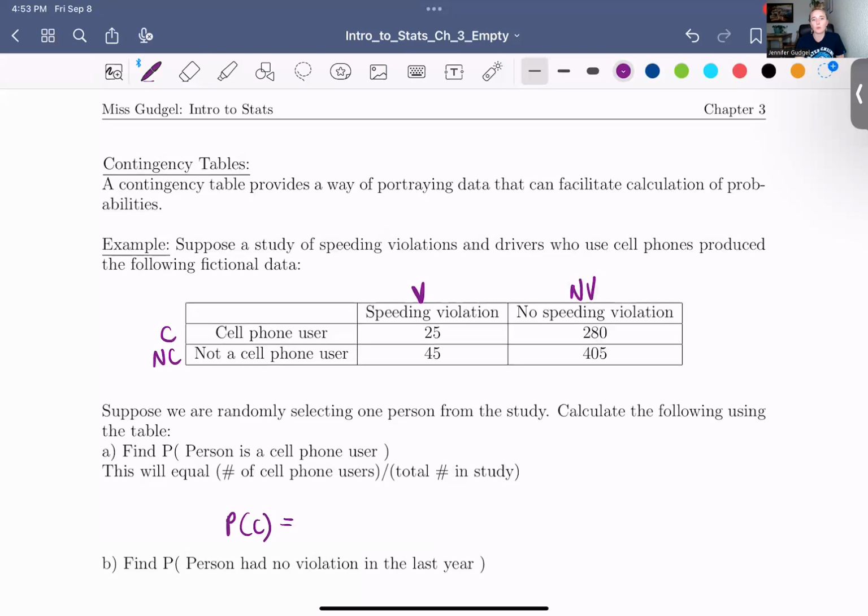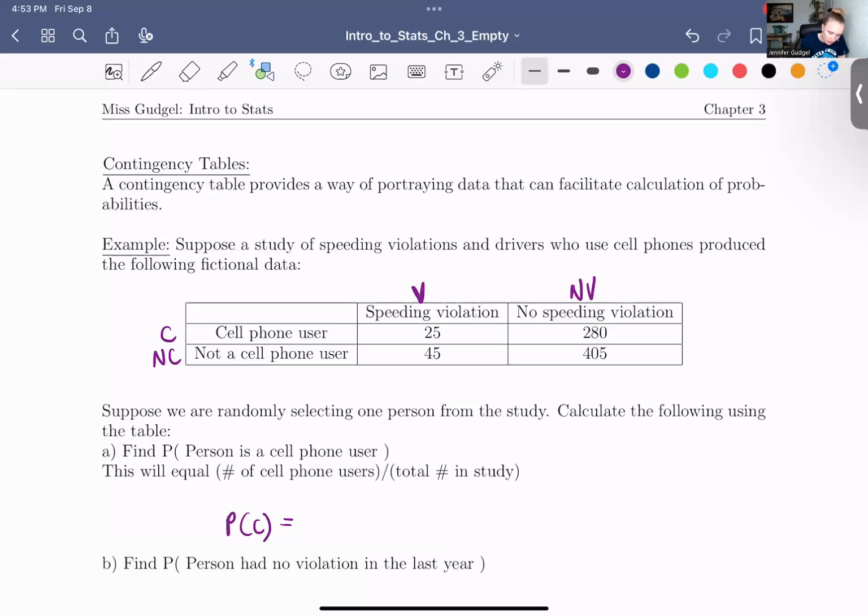We're imagining that we have this pool of people, all the people in the study, and we're asking what's the probability of selecting a person that meets this requirement? Well, in order to know that, we need to know how many cell phone users there are. We know 25 had a speeding violation, 280 didn't, but all of those are cell phone users.